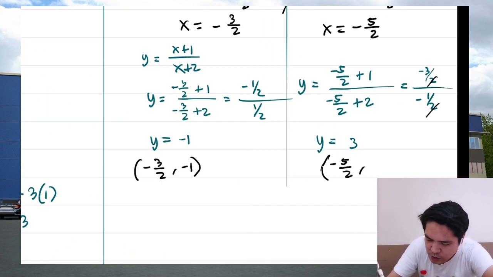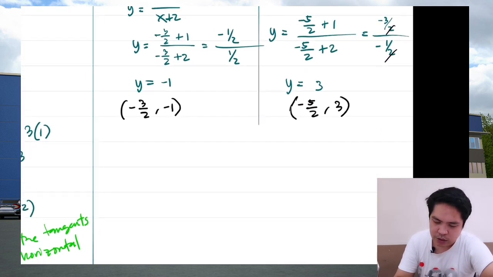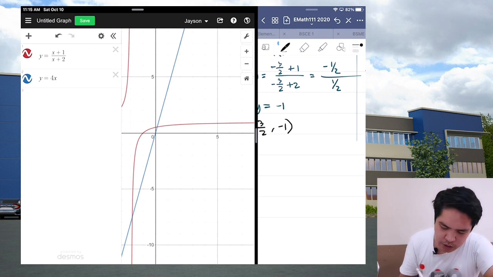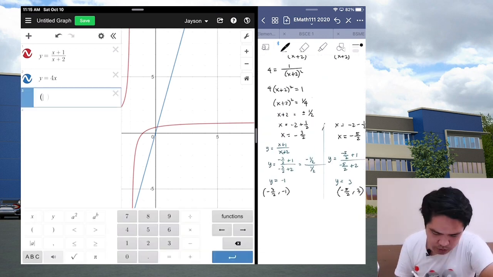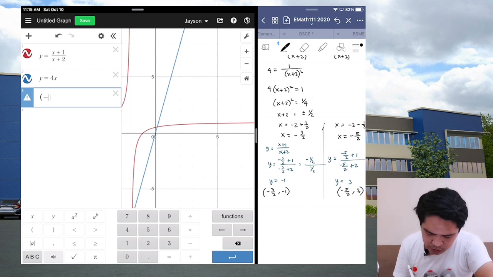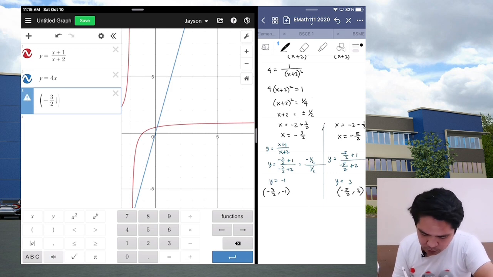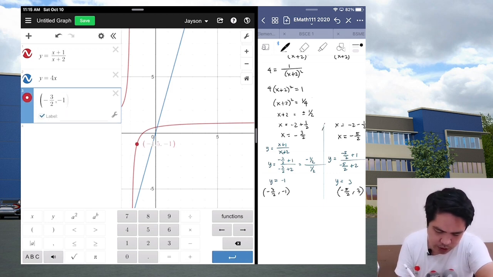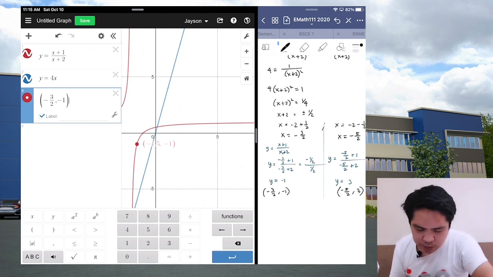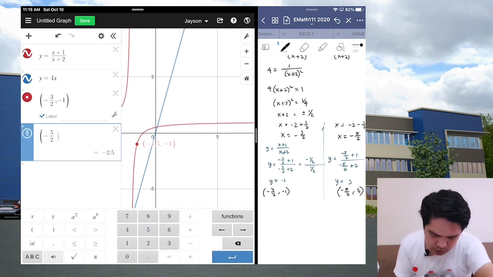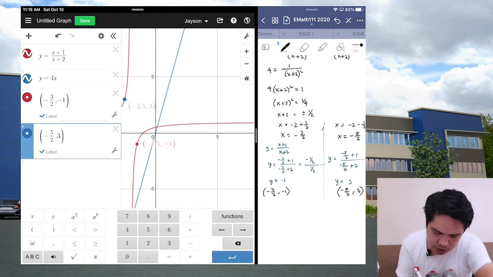So let's check here if they are really on the curve. Let's look at the point negative 3 halves with pair negative 1. Okay, we have that point. So let's label that. And we also have the other point at negative 5 halves with pair positive 3. So we have that point. So let's label that.